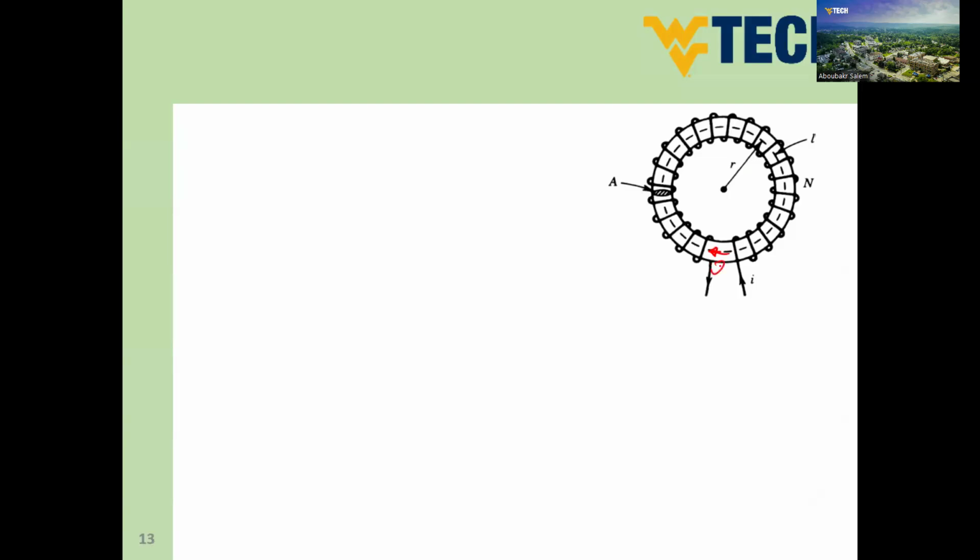So this is flux phi. And for sure this has a magnetic reluctance, which we calculated based on the radius of the toroid. So now this is equivalent to that electrical circuit.